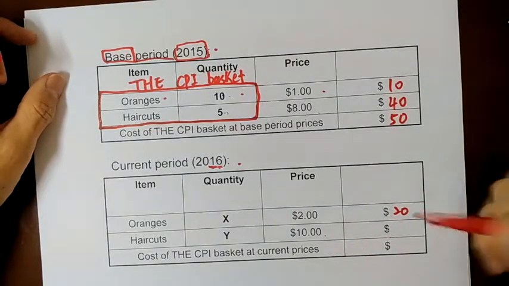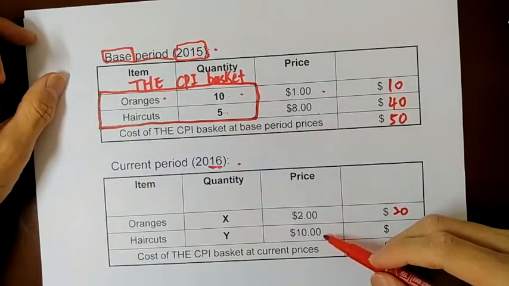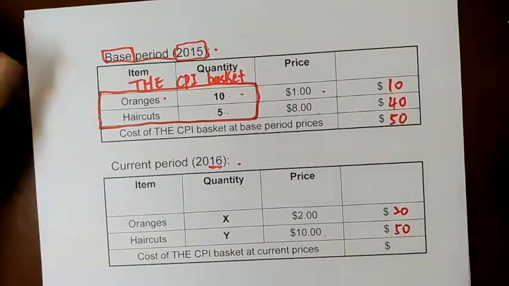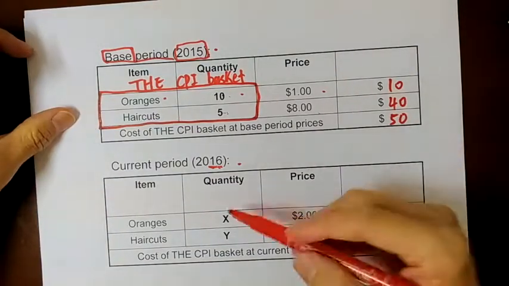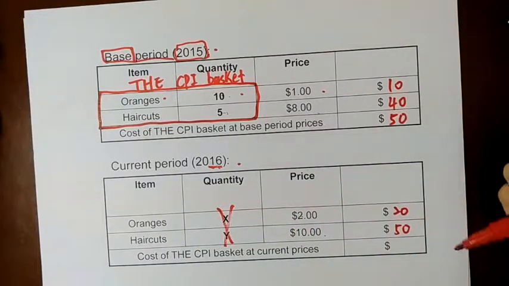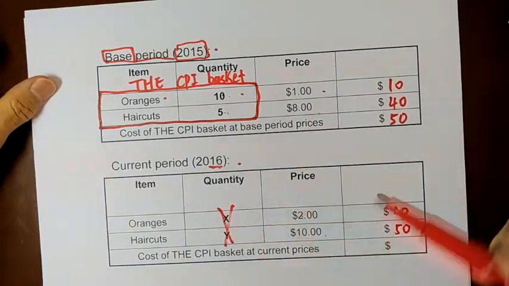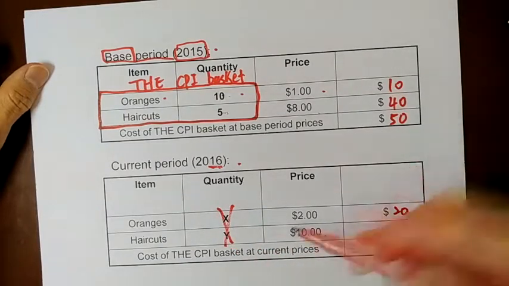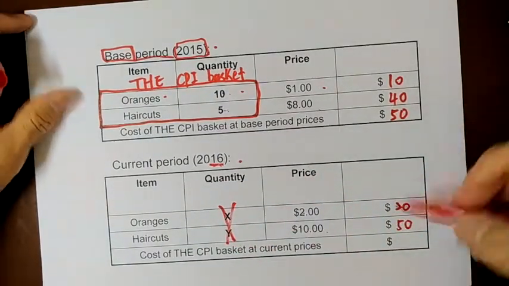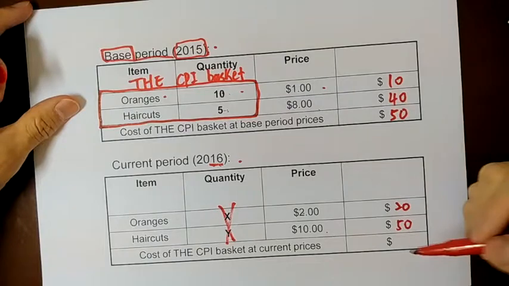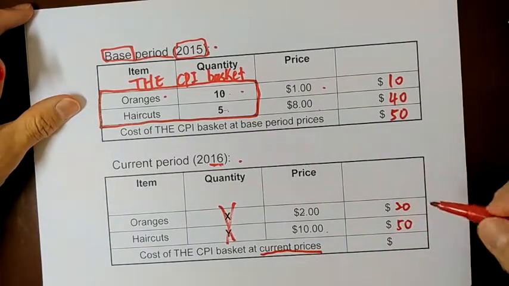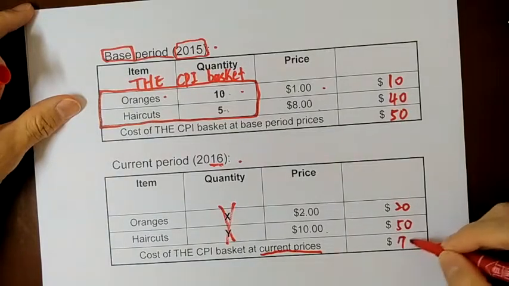The answer is the price of haircut is $10 each, therefore the cost is $50. Did you see that? We don't use this number at all because this is not the CPI basket. That is why I put X and Y. We don't need them. So the total cost of the CPI basket at 2016 price is $70.